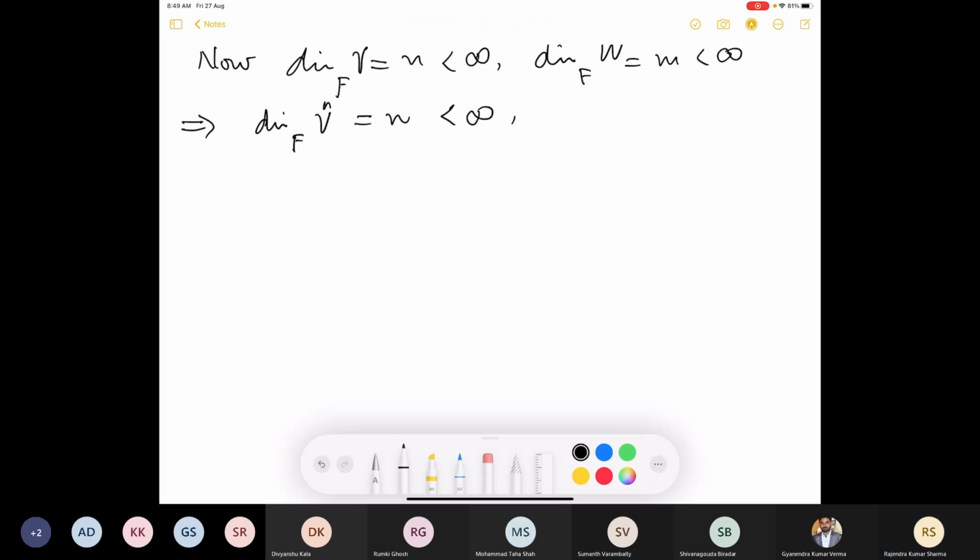Because the annihilator is a subspace of V hat, the dimension of AW over F is also finite, and it cannot exceed N. W hat is also finite dimensional, and the dimension of W hat and the dimension of W are the same.